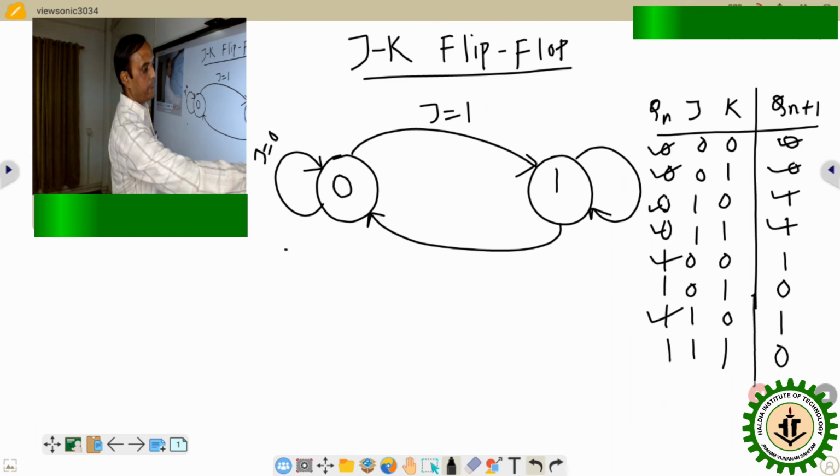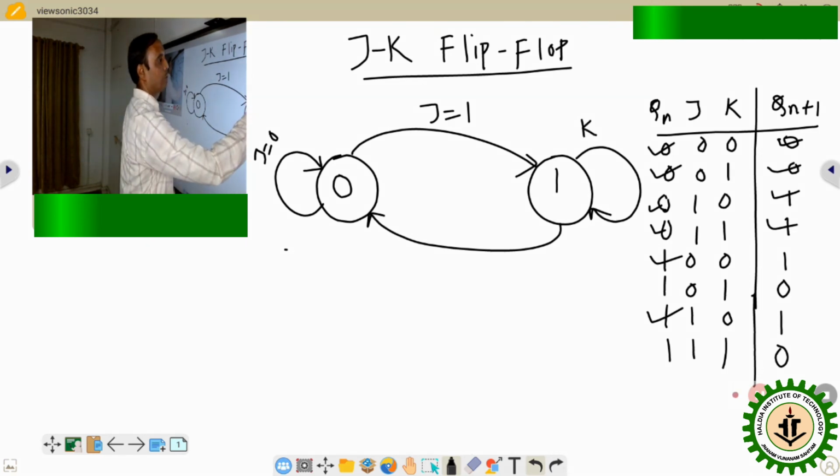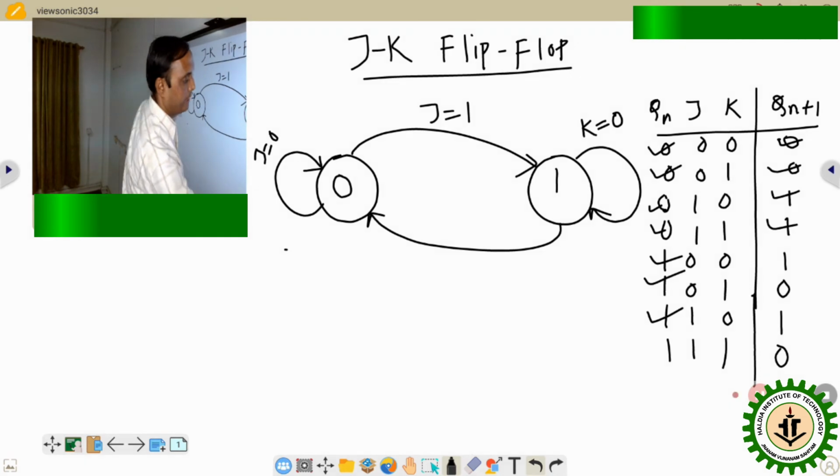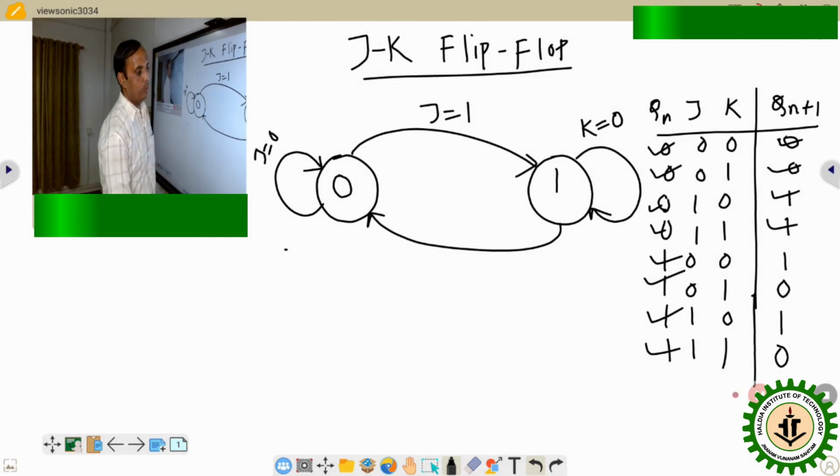Here J value is 0 and 1 but K value is 0, so K equals 0. And 1 to 0: is there a 1 to 0? Here and here, so 1 to 0, 0 1 and 1 1, so K equals 1 but J is don't care, so K equals 1.